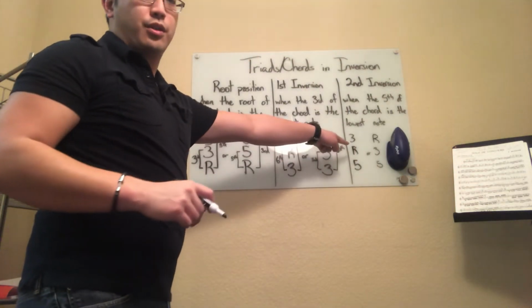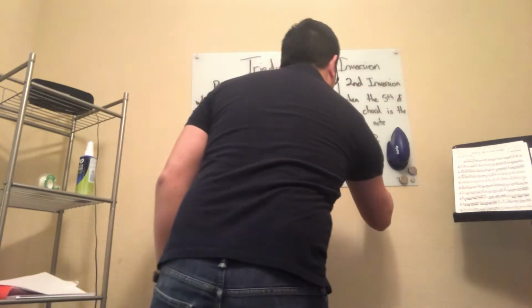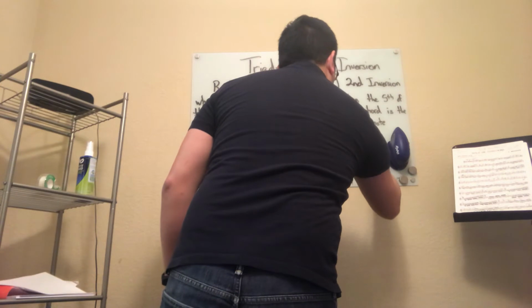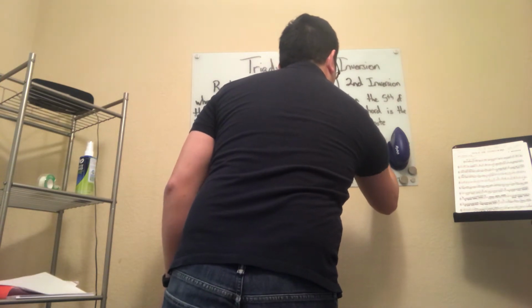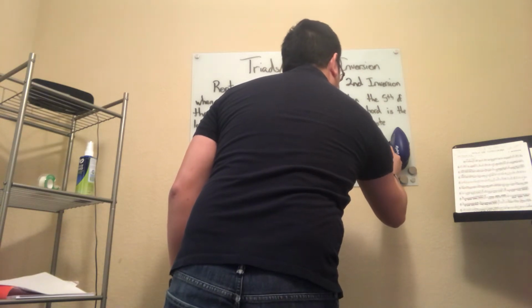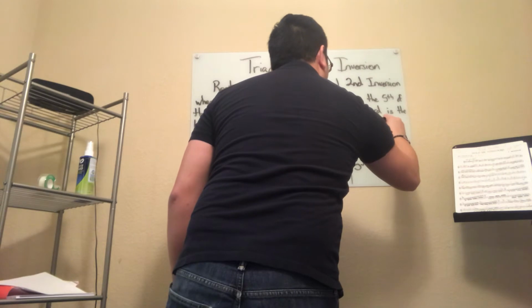The fifth to the root is a fourth. Fifth to third is a sixth. And same on the other side. Fifth to third is a sixth. Fifth to root is a fourth.